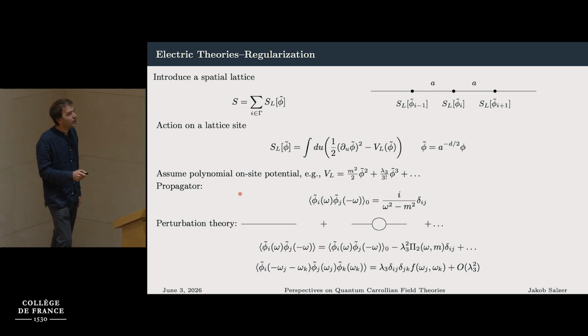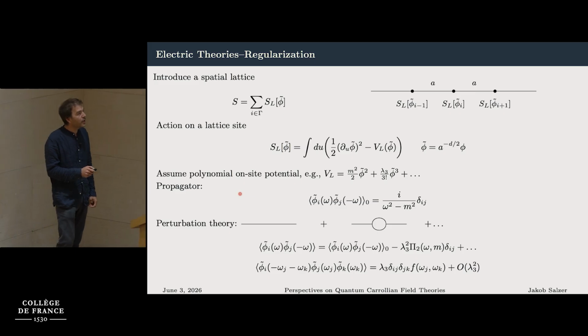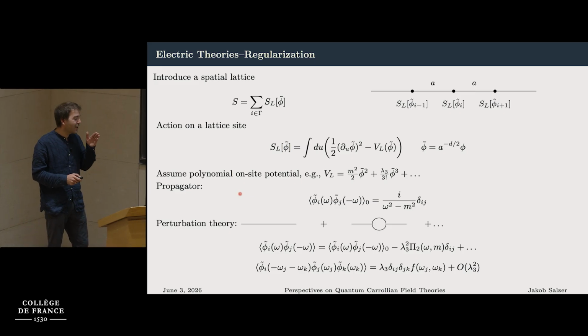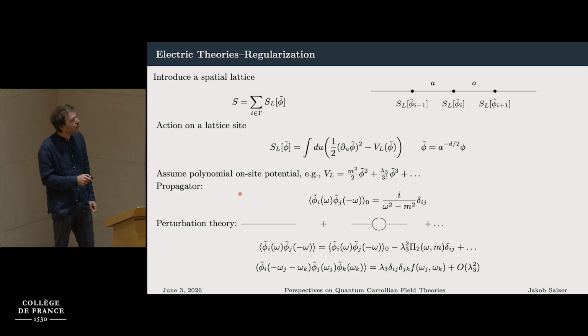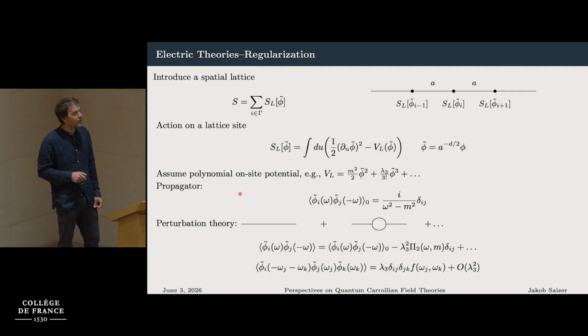At each point on this spatial lattice, there's a quantum mechanical action. So we have a sum over these lattice points, where, in order for this action on each lattice site to have canonical dimensions, we rescale these fields. So we call it phi tilde, a to the minus d over 2 times phi.